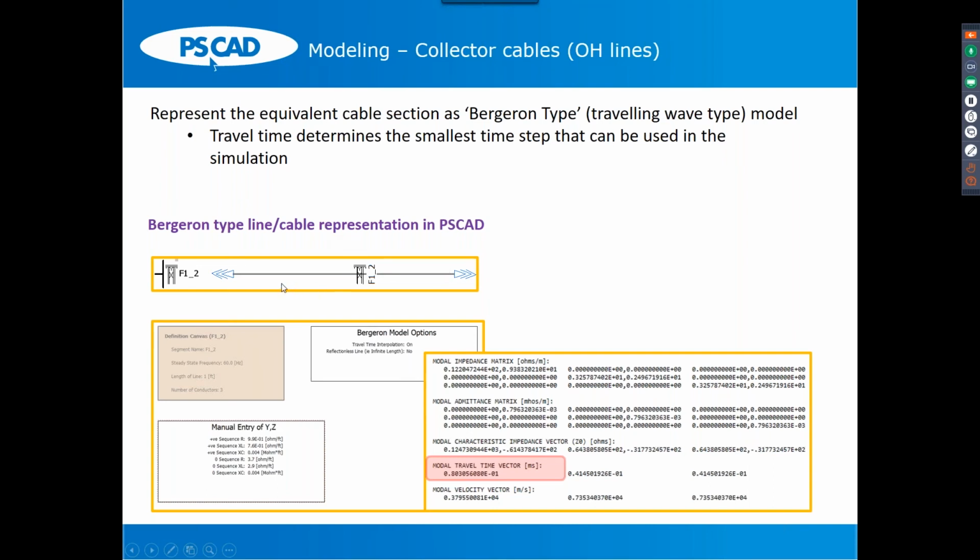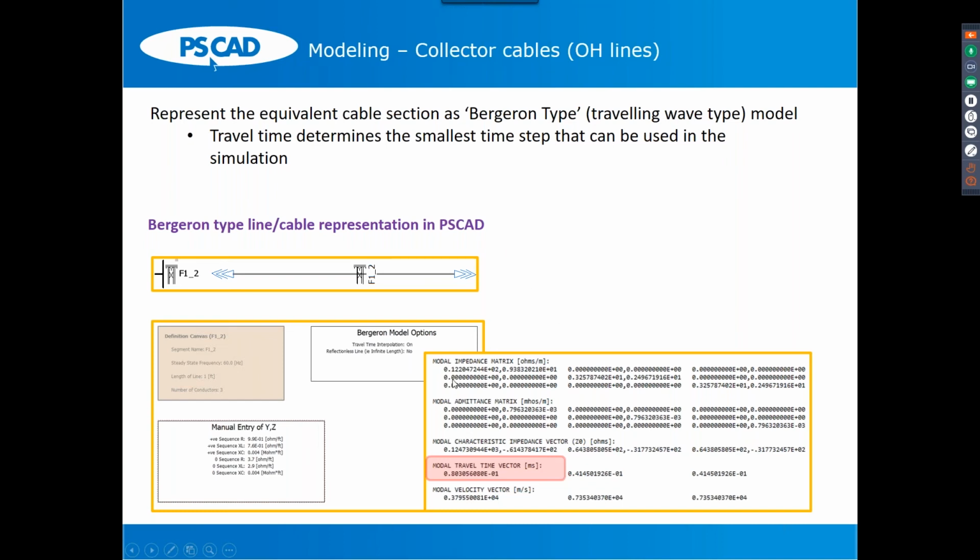That is because if you use a traveling wave type model, then you can use that interface or line segment to break the simulation into a number of parts and run them on parallel processors, right? So if this is your cable segment, one end of that equivalent segment would be connected to the substation, the other end would be connected to the aggregate wind turbine unit. So the wind turbine could be on a different processor, right?